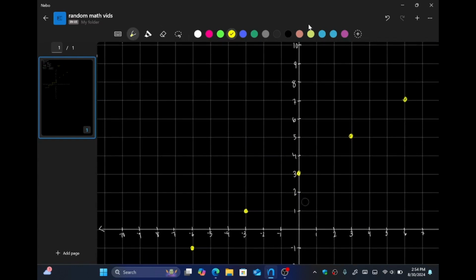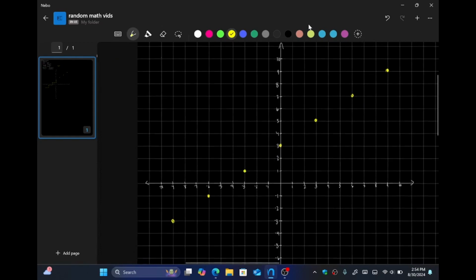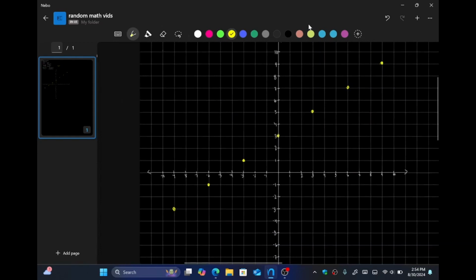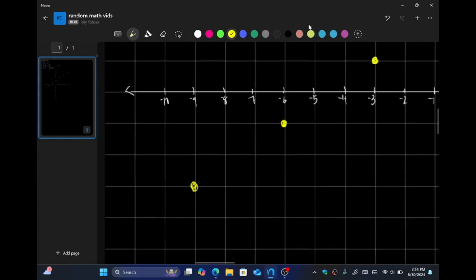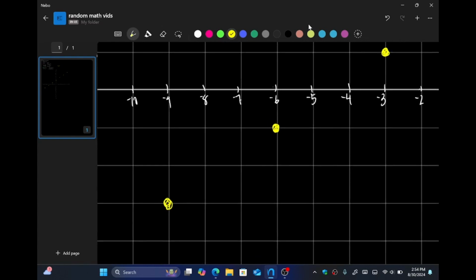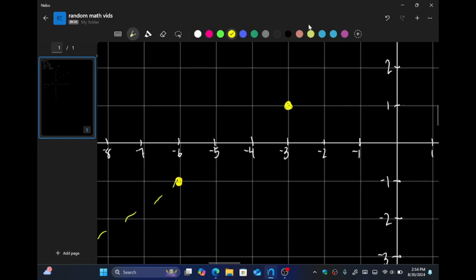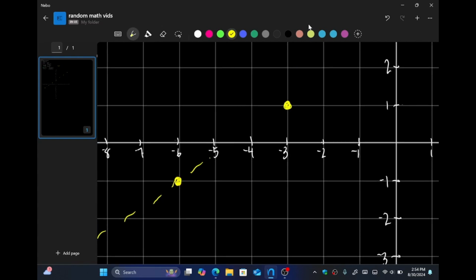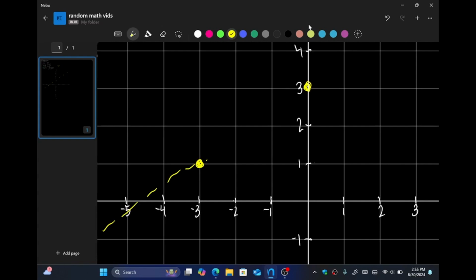As you can see, we have this kind of line here, and I'm going to draw some dashed lines. This is not going to be drawn perfectly, but I'm drawing it as accurately as I can.